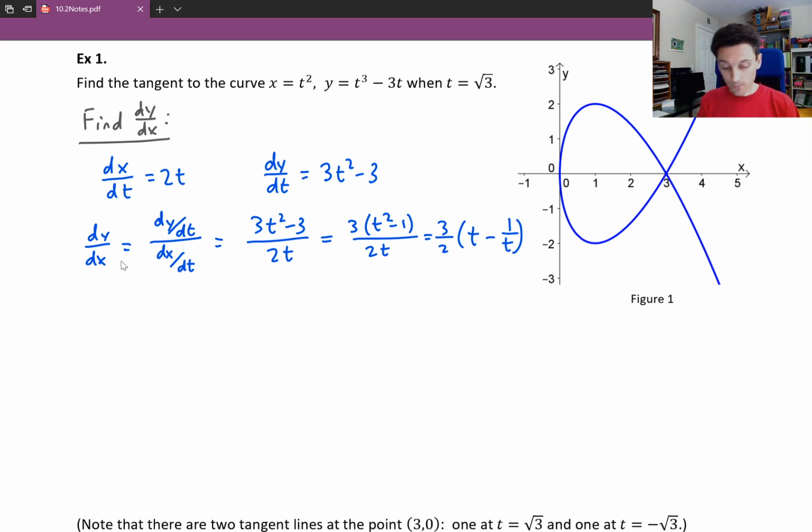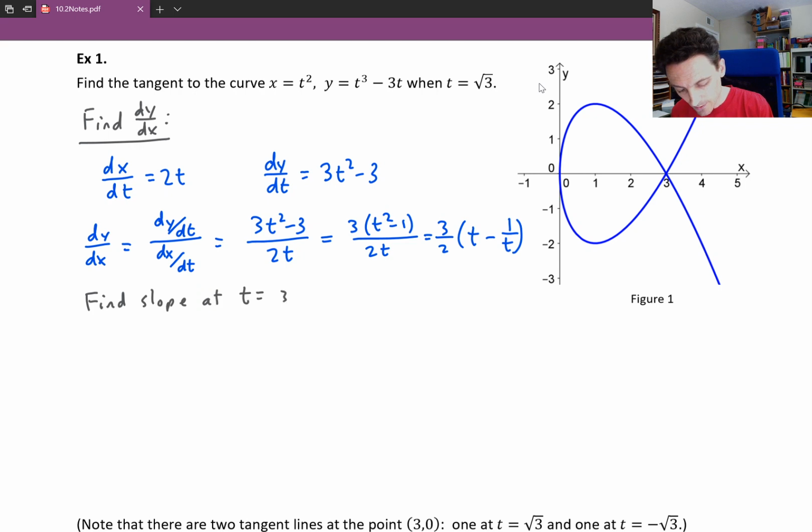Now we can figure out what the slope of the tangent line is at t equals root 3. Find slope at t equals root 3. Slope of the curve and slope of the tangent line, they're referring to the same thing.